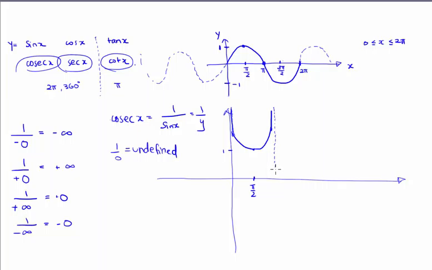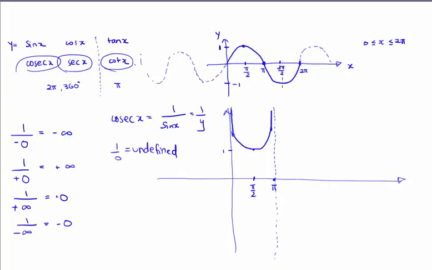So it's a line that the function never touches, okay? And guess what? This is pi. That's where pi is, okay? So when x is pi, sine is 0, and because cosec is 1 over sine, we have 1 over 0, and that's undefined, so therefore we have an asymptote, okay?